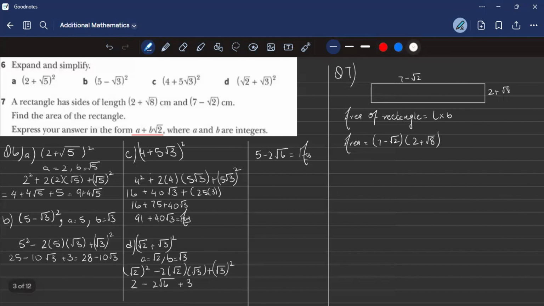Now, when they've told us to express this in this form, they've basically told us that we are not going to find a value in decimals, for example 6.333333 or maybe 6.38. They've told us to find the exact value, and these types of questions also come in past papers in the form "find the exact value".